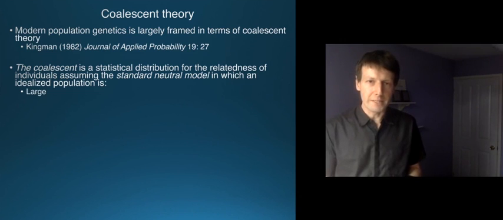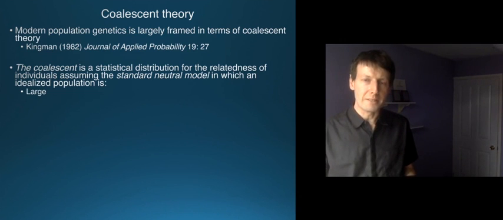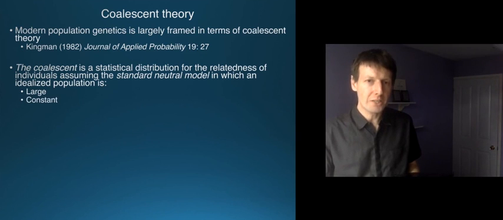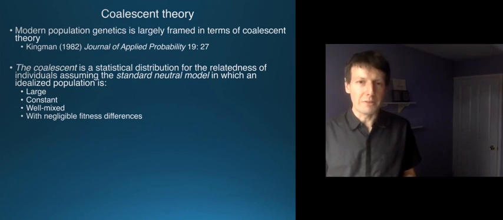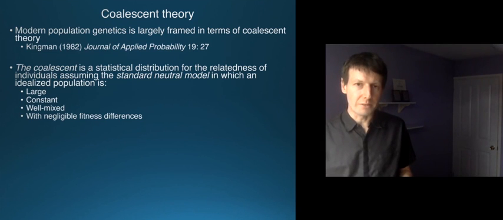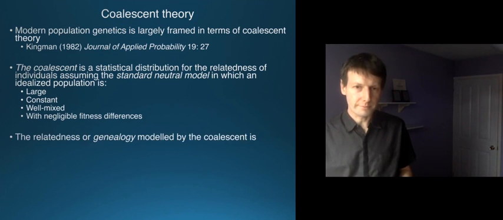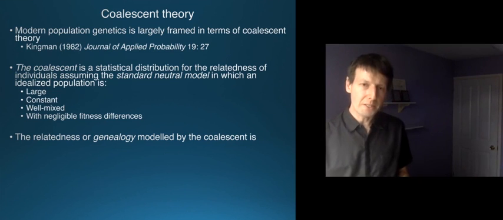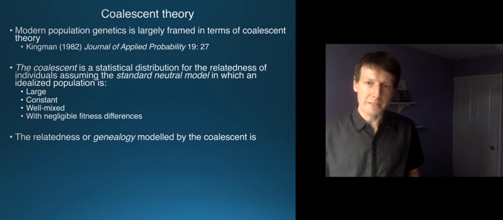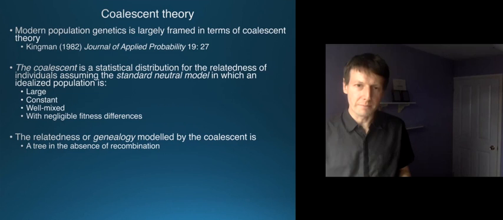And as explained already, the idealized population is large, seems to be constant over time, well mixed, and, to bring in neutral theory, has negligible fitness differences between individuals. So the relatedness structure or phylogeny or genealogy between members within a species, when the species can be approximated by these assumptions, is modelled by the coalescent.